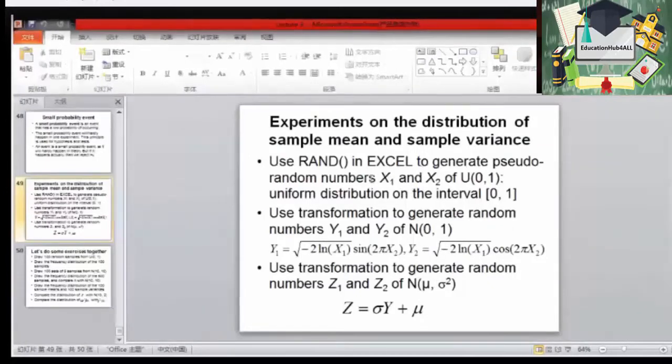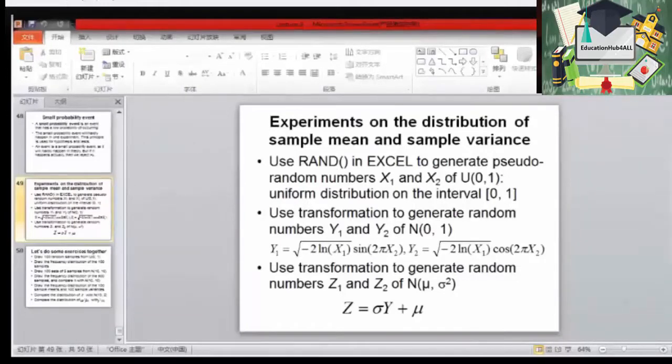We use the random number generator in Excel, which is called RAND, to generate a random value from 0 to 1, and then we make a transformation, and then we take a look at how the transformed data points look. So this is like some simulation work.